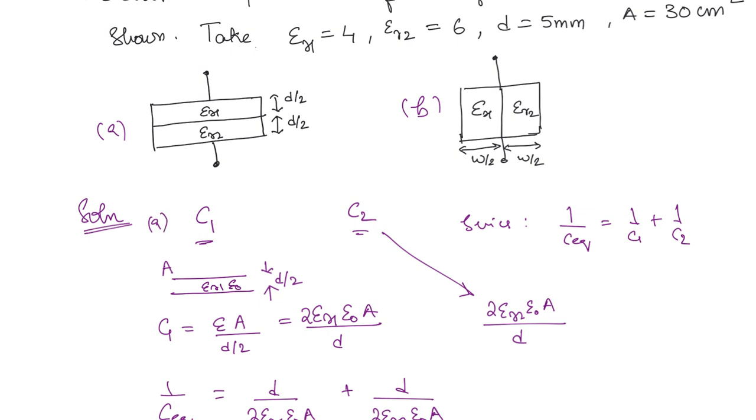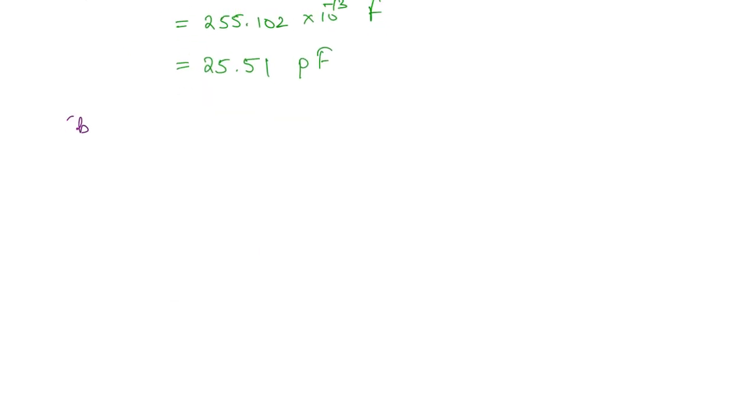Now for the second one, you can see they are in parallel. If you see the capacitance, these are the plates, this is one plate and this is another plate, but in between these two plates, half of it has one dielectric with relative permittivity epsilon R1 and the second half is epsilon R2.